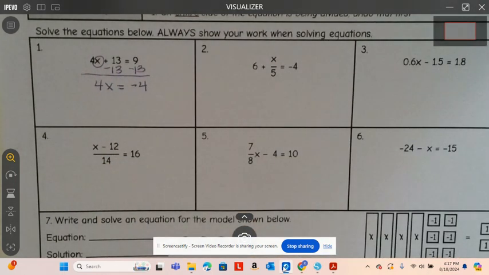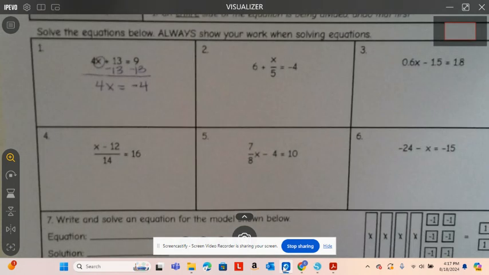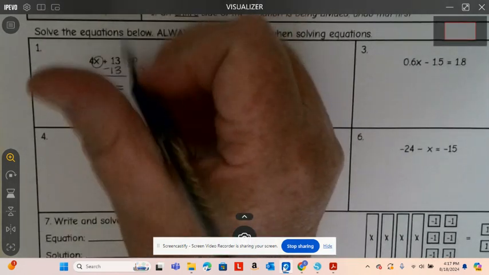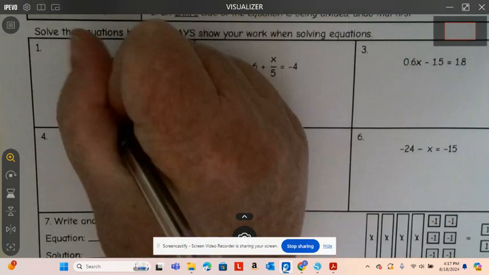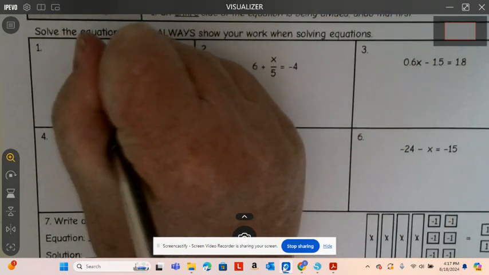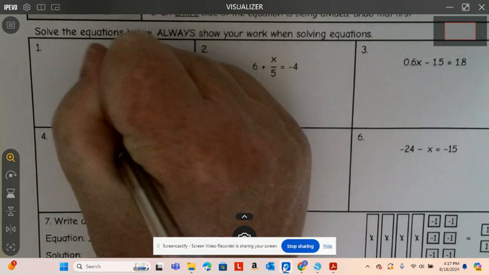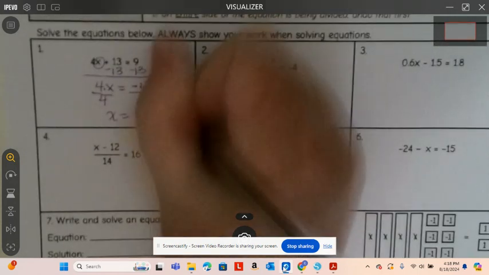Okay, so step 1 was to add or subtract the constant, which we did. Step 2 is to multiply or divide by the coefficient, which in this case is 4. So I can divide by 4 on both sides, and I get x is equal to negative 1.